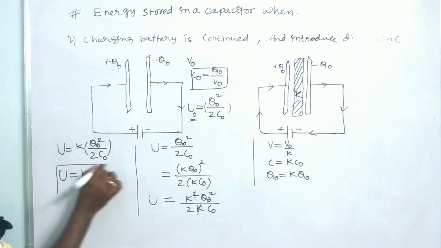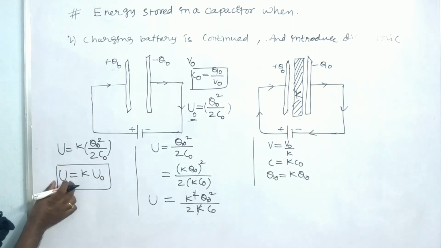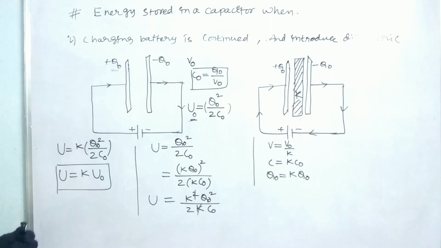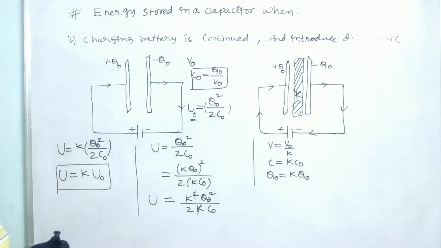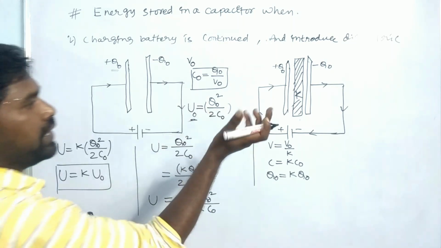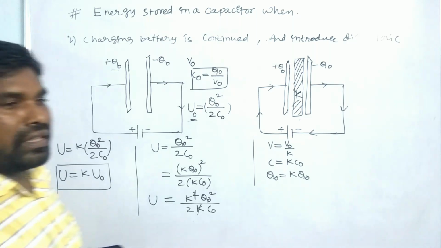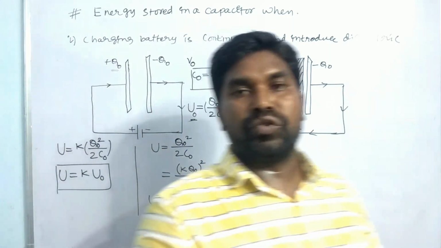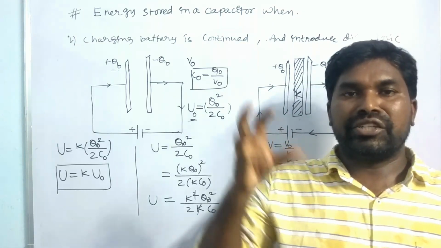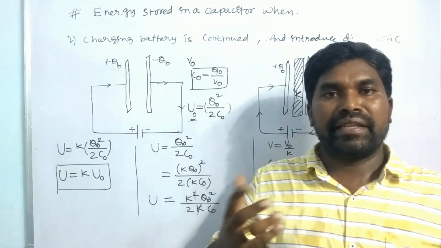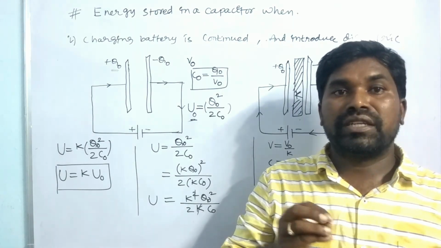What is the meaning of this? The energy increases by K times when the battery is continued in the circuit and the dielectric is introduced between the two plates. How much increase? K times.